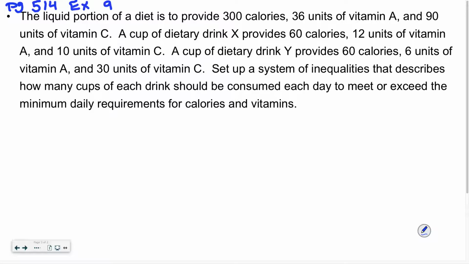Well, I see information up here about 60 calories and 12 units of vitamin A and 10 units of vitamin C. So I would say that there are numeric values for the calories and the vitamins. But what numeric values do we not have? It's in the last sentence for you.